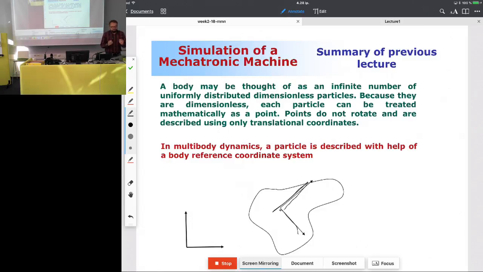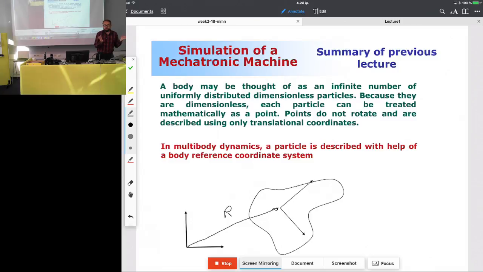And now with the help of this concept, the description of a particle becomes simple and straightforward. Because what we can do is first describe the translation of the body reference coordinate system with respect to the global coordinate system. All right? So that I can describe by vector R, and then I can account for the orientation of the body reference coordinate system with respect to the global coordinate system.